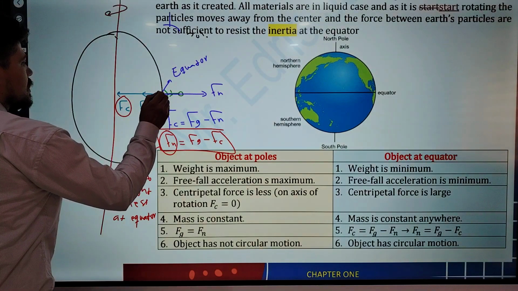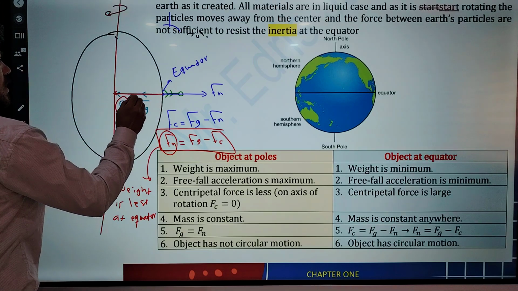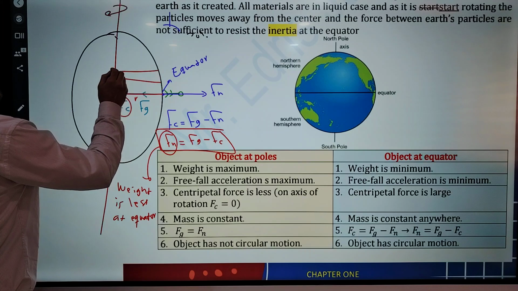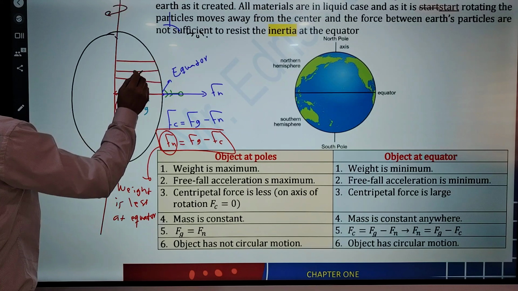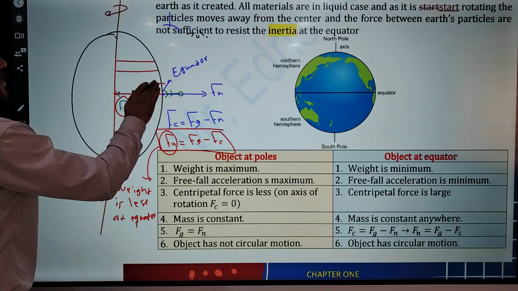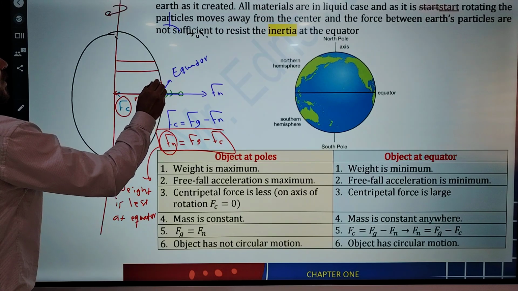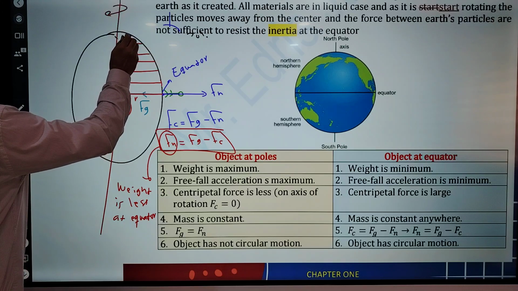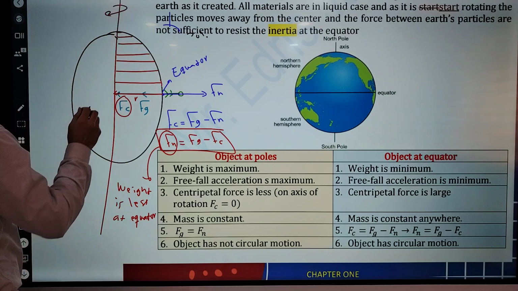So this is the distance from the axis of rotation, r. When we approach the pole, what happens to r? R decreases until it reaches 0.